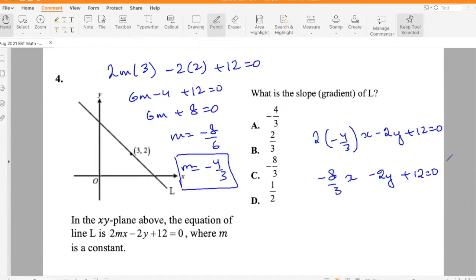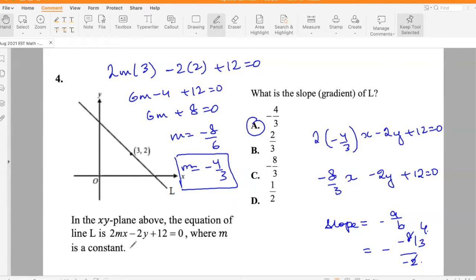Right? So this is the equation of the line. Now, when the line is written in this form, the slope is given by minus a by b. So that's minus of minus 8 by 3 by minus 2. So 2 into 4, 8. So that's minus 4 by 3, option A.